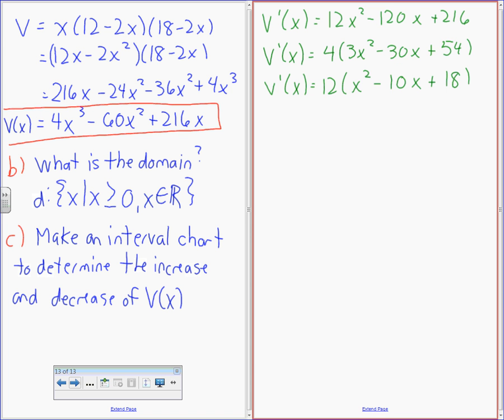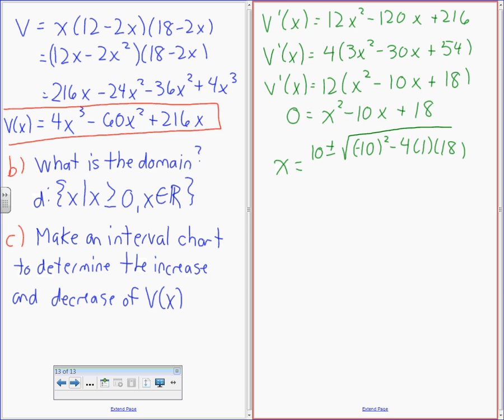Okay, that works. So we're trying to solve this equation then: 0 equals x squared minus 10x plus 18. I want to be able to factor this one. You want to be able to factor this one. Unfortunately, we cannot. So I'm going to use the quadratic formula and say x is equal to 10 plus or minus the square root of negative 10 squared minus 4 times 1 times 18, all over 2 times 1.